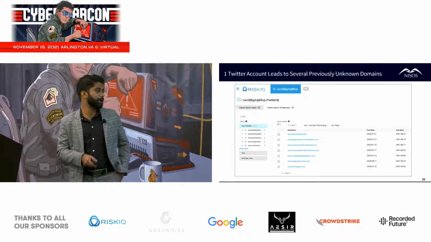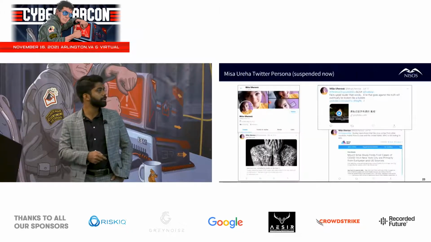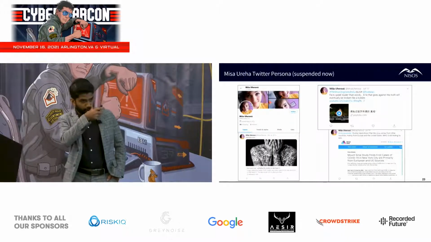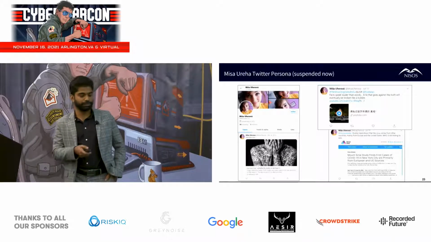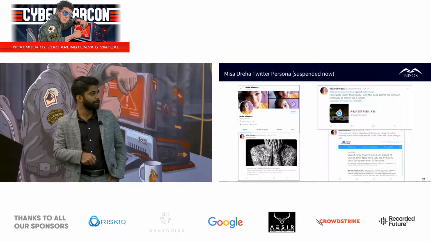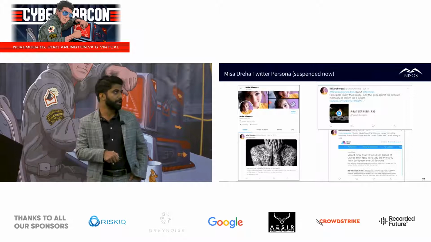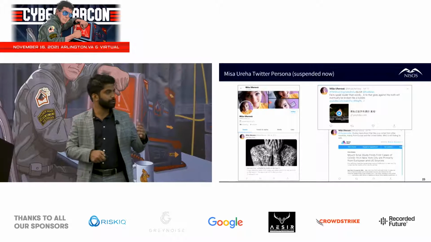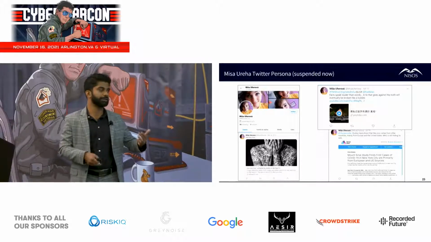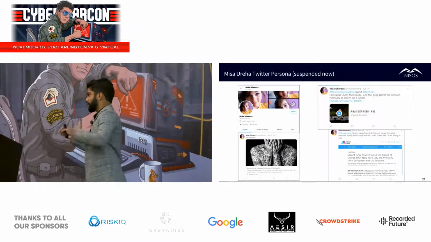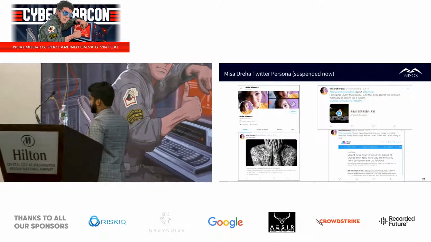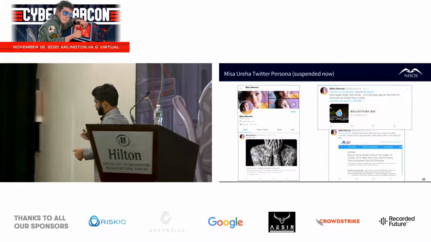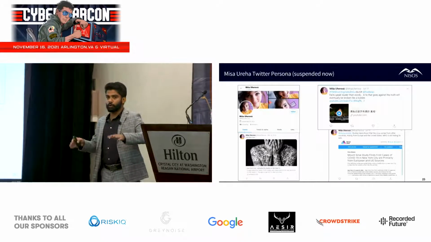Some of the Twitter personas that were used in this operation, for example, this is a person, and it was a very old account with very benign content. On the left, it was pretty dormant, and then during COVID it started posting COVID-19 disinformation, linking to Chinese state media on YouTube and disputing the origins of COVID-19.